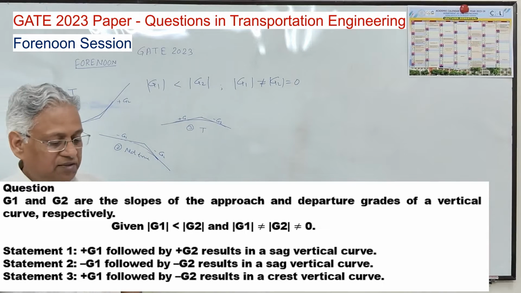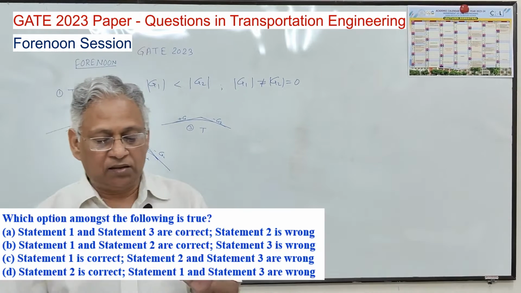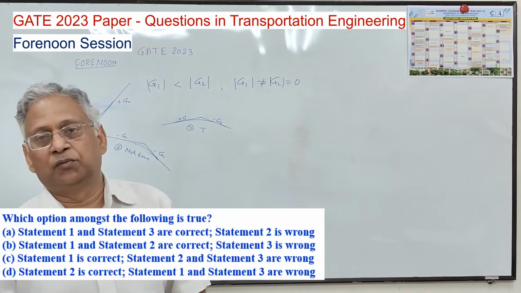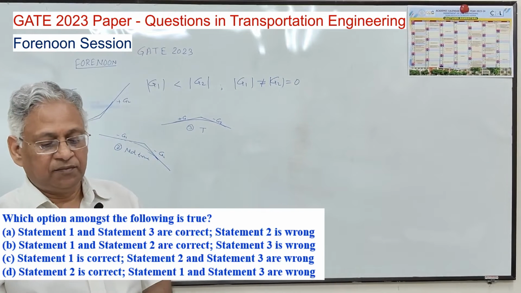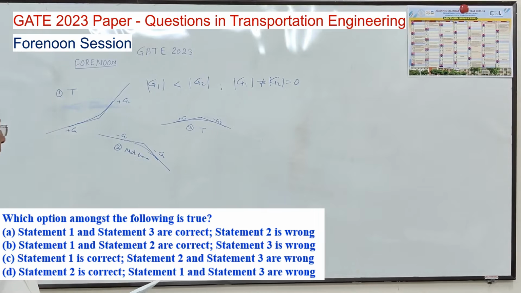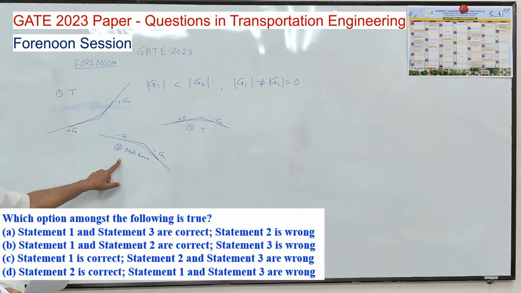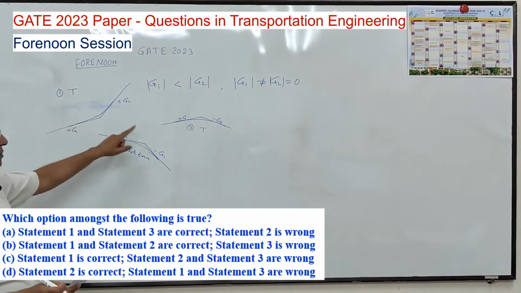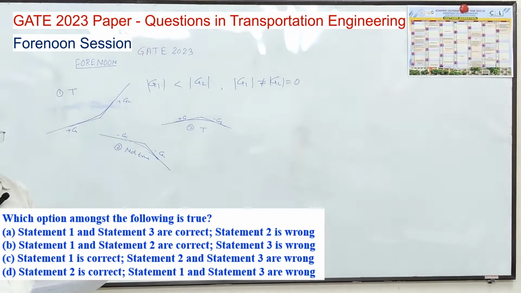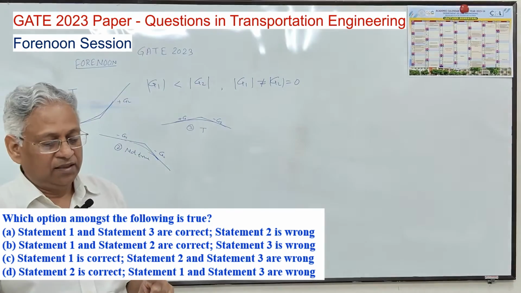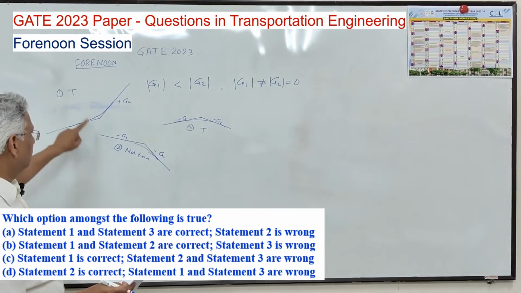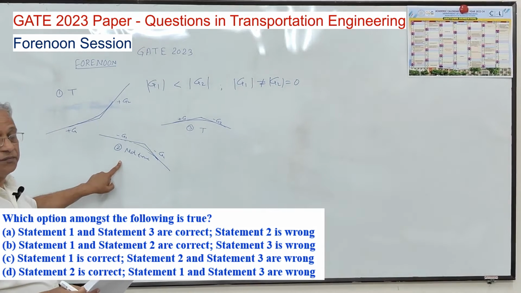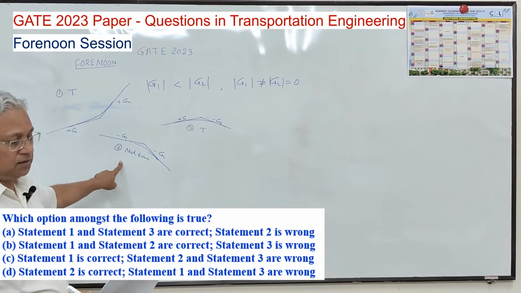Now based on these statements, the question is what option among the following is true? Statement 1 and statement 3 are correct. Statement 2 is wrong. Statement 1 is correct. Statement 3 is correct. So first option is correct. Statement 1 and statement 2 are correct: statement 2 is not correct, so we rule it out.